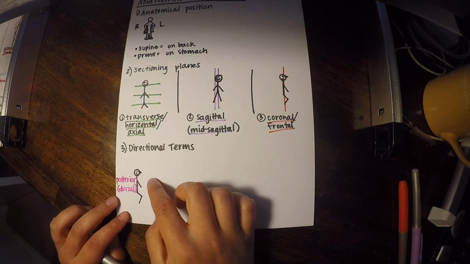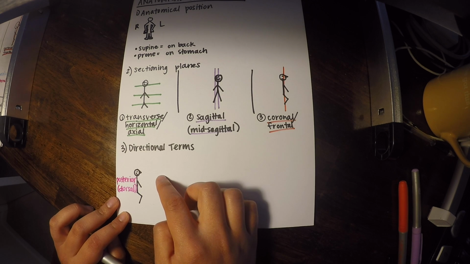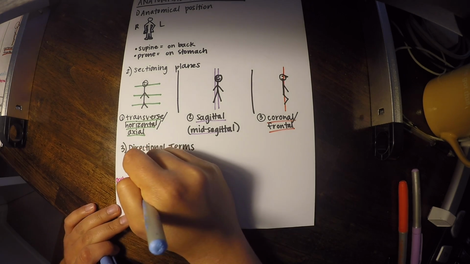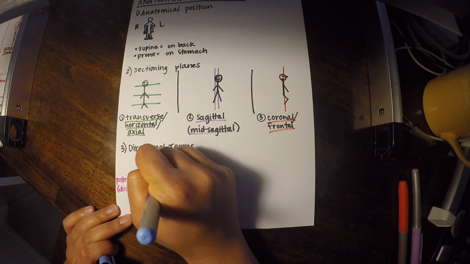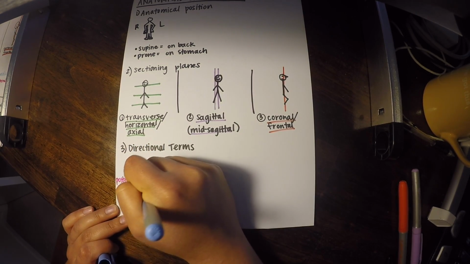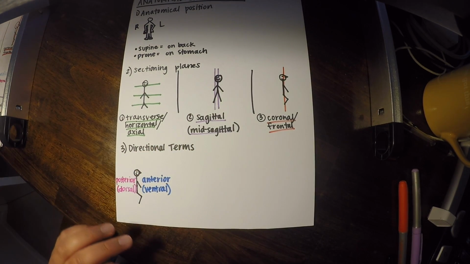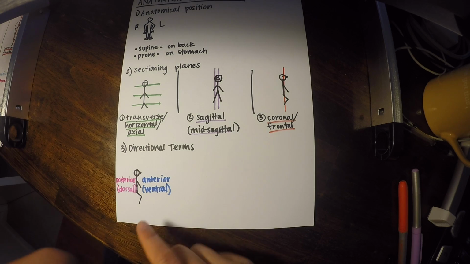Now, the front of a person is going to be anterior, or ventral. So this is very helpful, right?